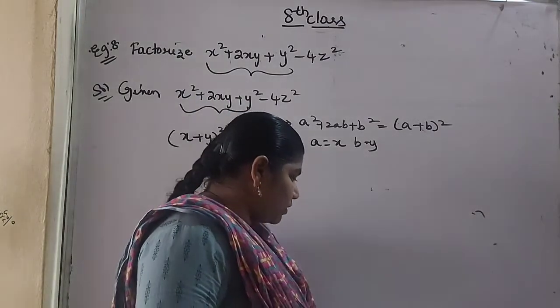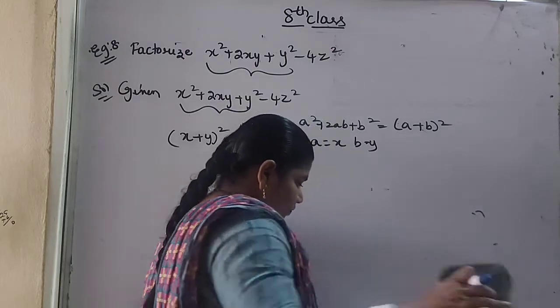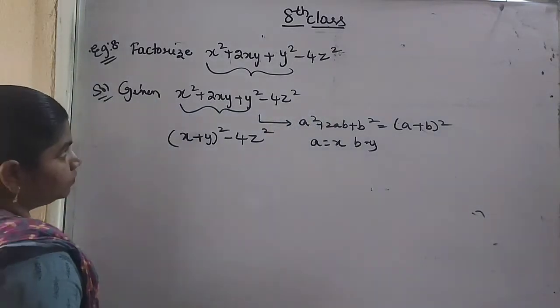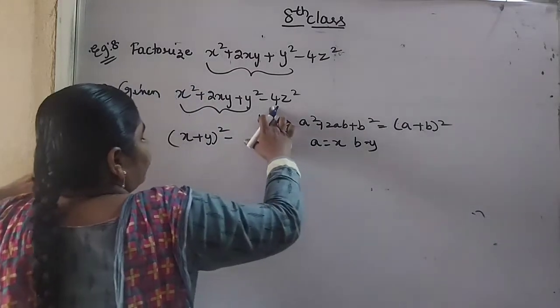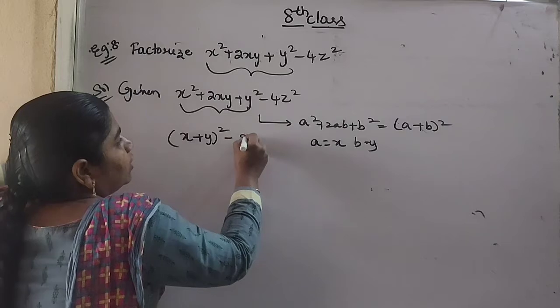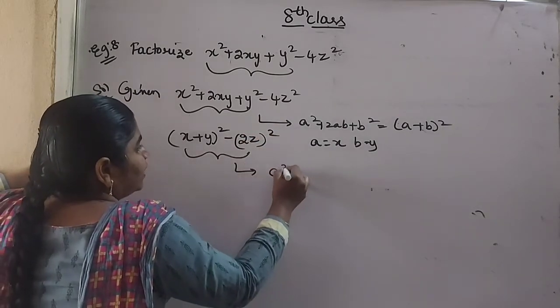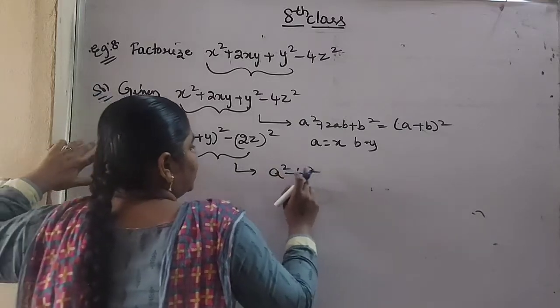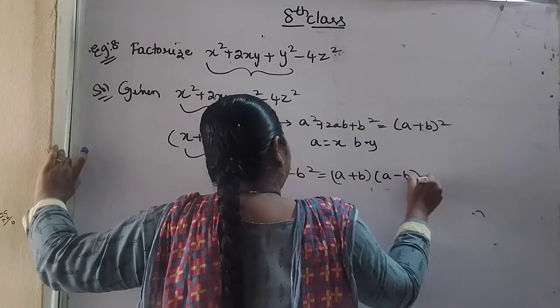Next, we can convert this again. 4 we can write as 2 square, so 2z whole square. Now these two are in the form of a square minus b square, which is a plus b into a minus b.